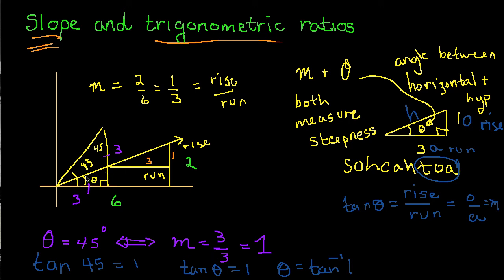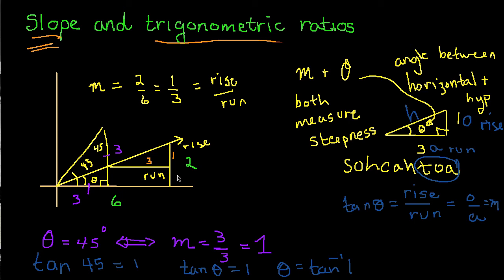So now let's go and figure out what this yellow angle is here. Should I use the small triangle and say O over A is 1/3, or should I use the larger triangle and say O over A is 2/6?